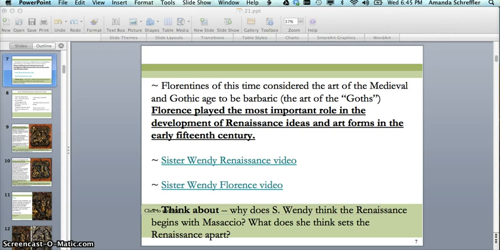They did not like these flat gold backgrounds with this lack of space and these floating people who are very rigid. They saw that as, you know, uncouth, I guess, and they really admired the work of the Greeks and the Romans. So that's where this whole influence of Greco-Roman culture comes into play.